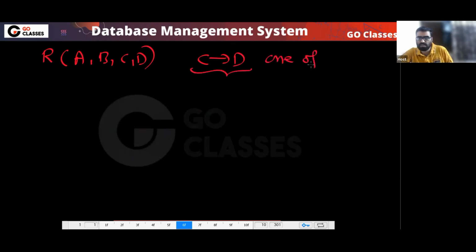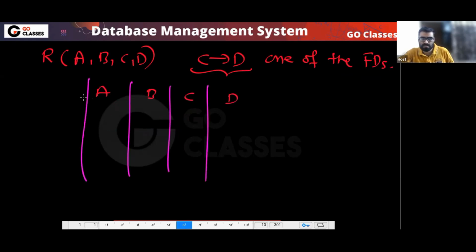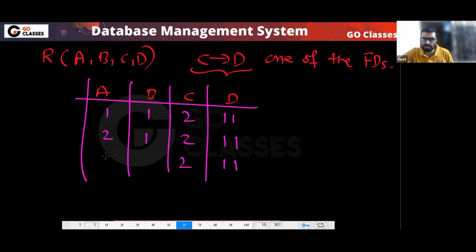Now, for example, if you have 2 here and 11 here, then if I repeat this 2, this 11 should also repeat. If I repeat this 2 again, then the 11 again should repeat, correct? Like this, yes or no?